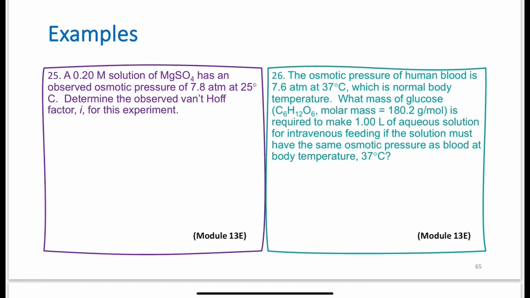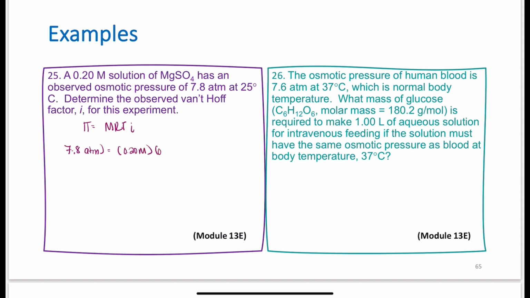A 0.20 molar solution of magnesium sulfate has an observed osmotic pressure of 7.8 atmospheres at 25 degrees C. Determine the observed van't Hoff factor i for this experiment. Okay, my osmotic pressure is pi equals MRTi. I'm told the osmotic pressure is 7.8 atmospheres. I know my concentration is 0.20 molar.